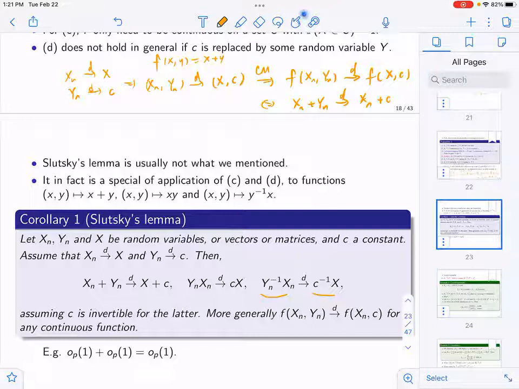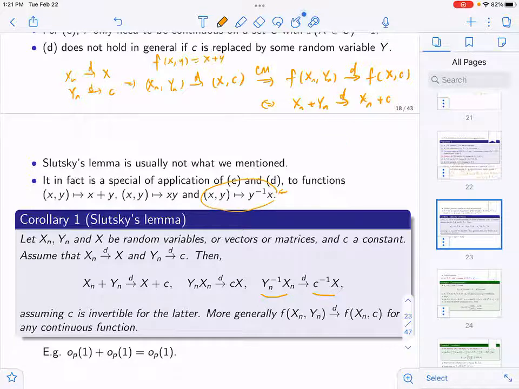For this, you have to worry a little bit. X over Y is a function that is continuous except where Y is 0. So if I require that C be non-zero, then this function would be continuous everywhere the mass is, since (X, C) puts all the mass over the area in which this is continuous.